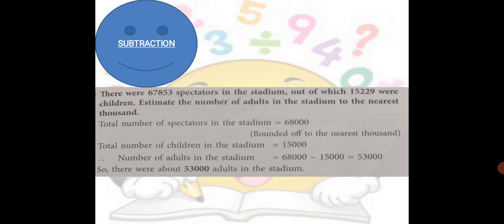So, it is the rounded off number of adults who are present in the stadium. So we can write the answer statement like this. There were about 53,000 adults in the stadium.